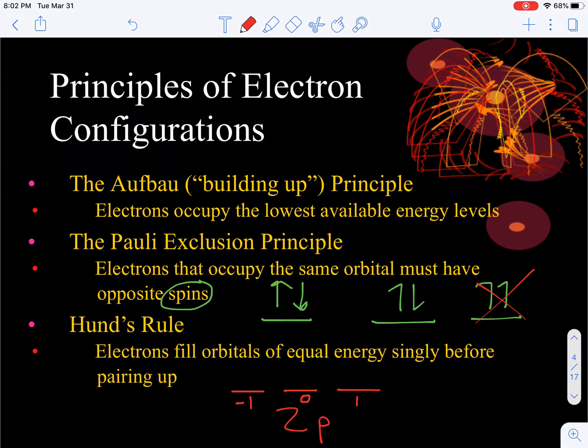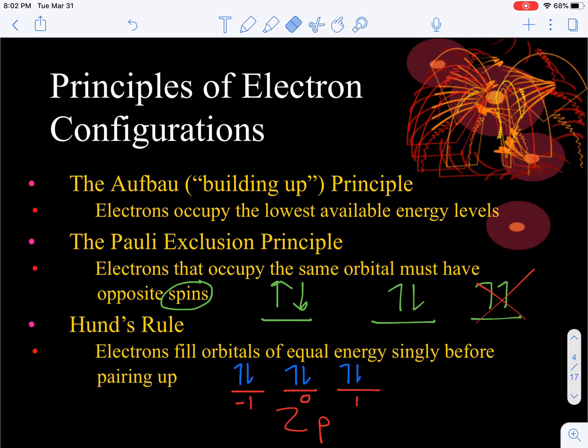That's that m sub l. But what Hund's rule says is that as we go to fill those orbitals, we can't do this. We can't put two people in the same orbital before we do this. We first will put one electron in every orbital, and then we will come back and start pairing up.